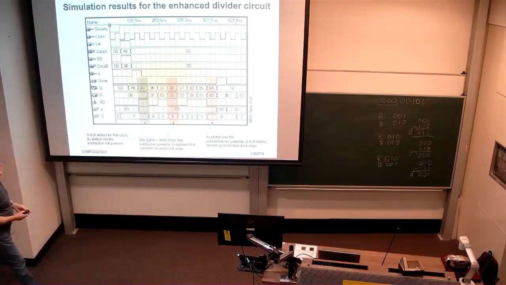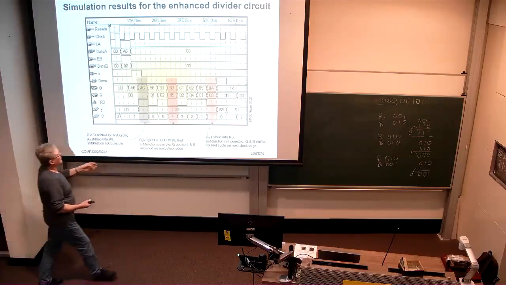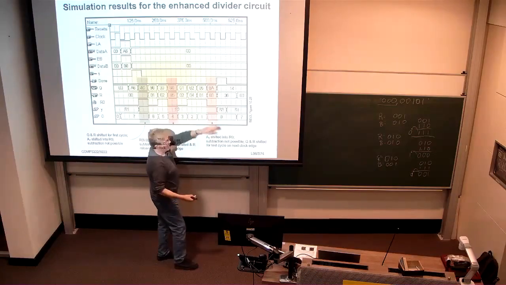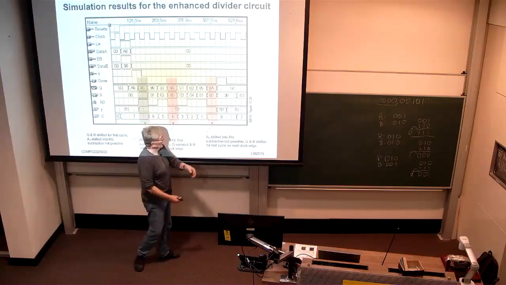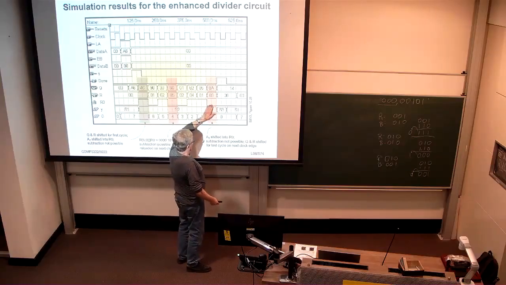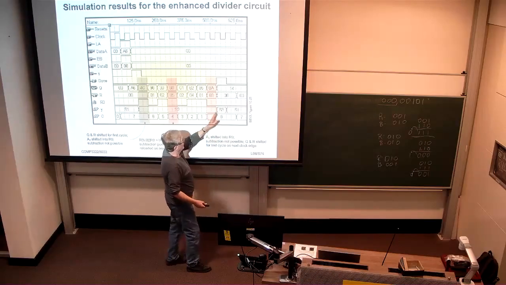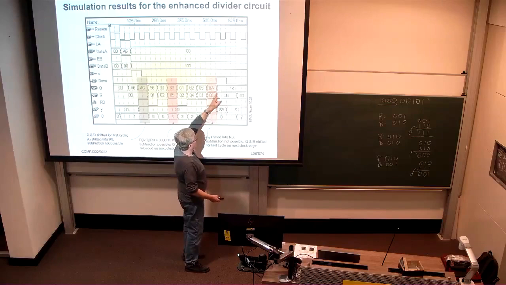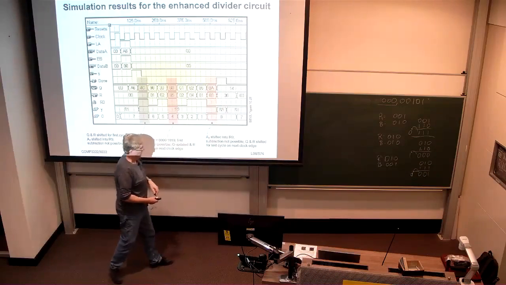So at this very last point, we've shifted the last bit of A into R0 here, but it hasn't been shifted into R yet. So it only gets shifted into R on the cycle after we exit S2 and enter S3. That is when the last shift occurs on both R and on A. Okay?